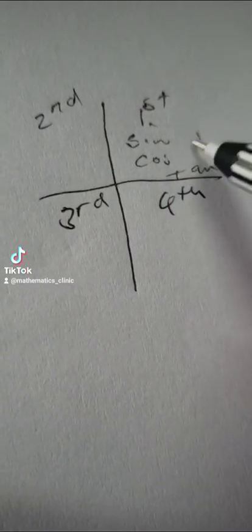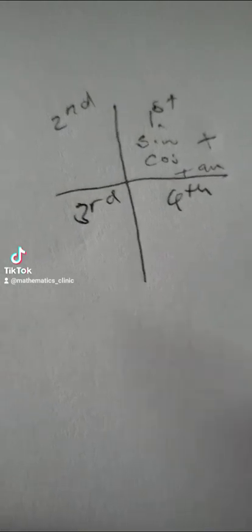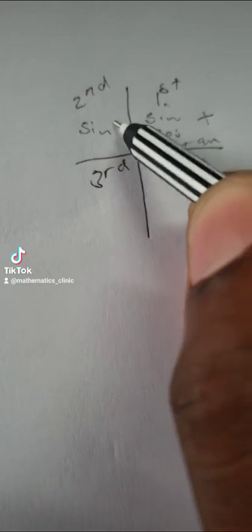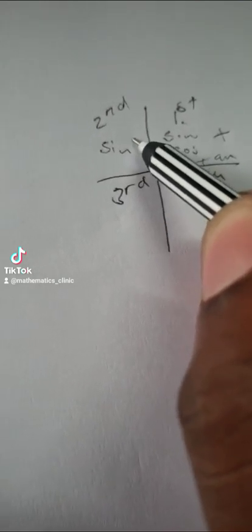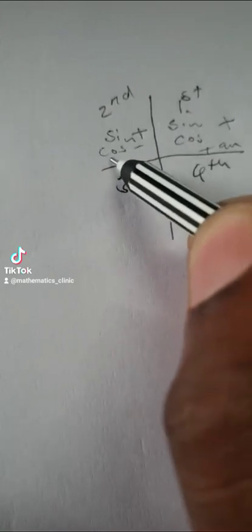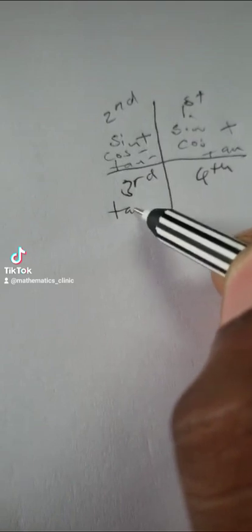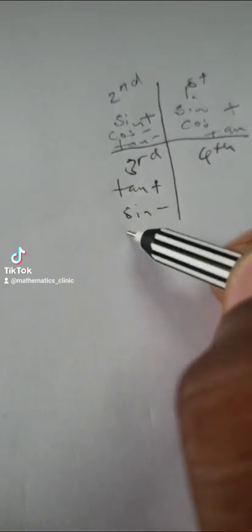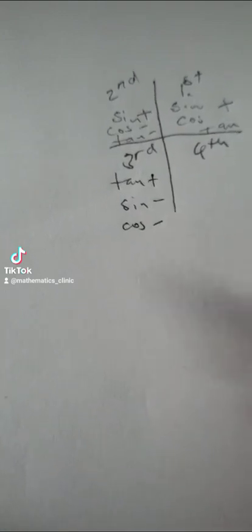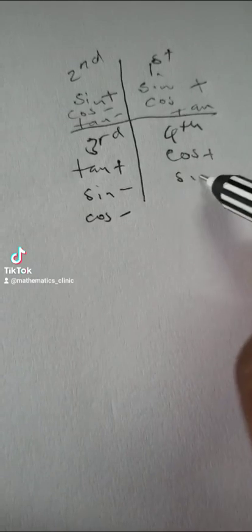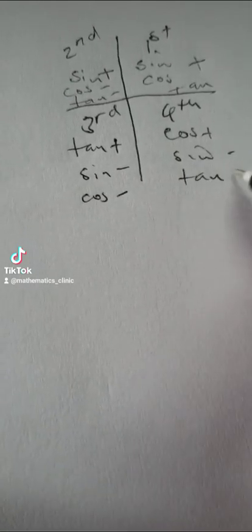In the second quadrant, sine is the only one that is positive, meaning cos is negative and tan is negative. In the third quadrant, tan is positive, and sine and cos are negative. In the fourth quadrant, cos is positive, and sine and tan are negative.